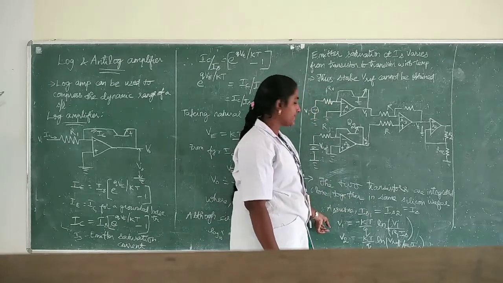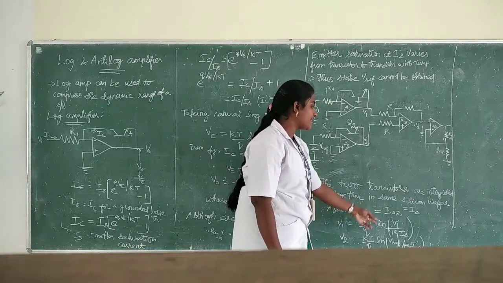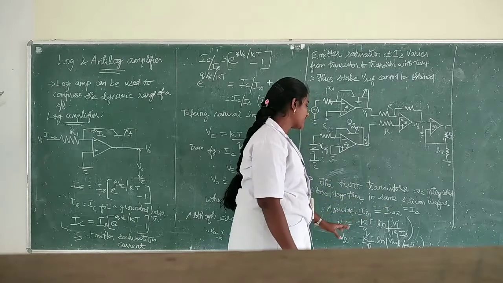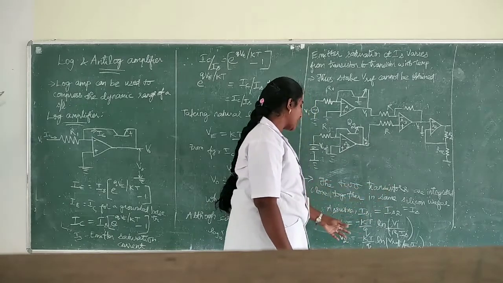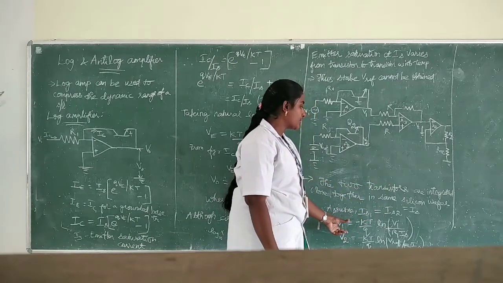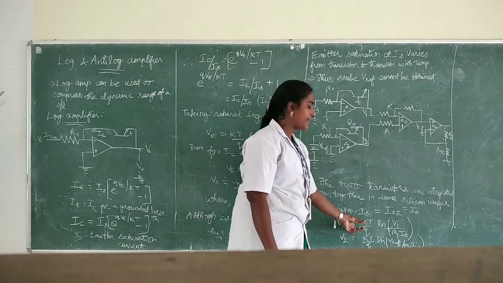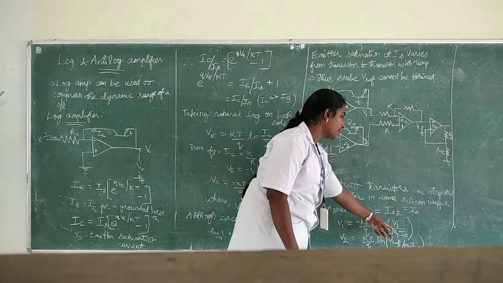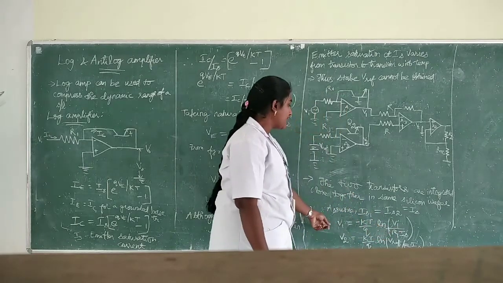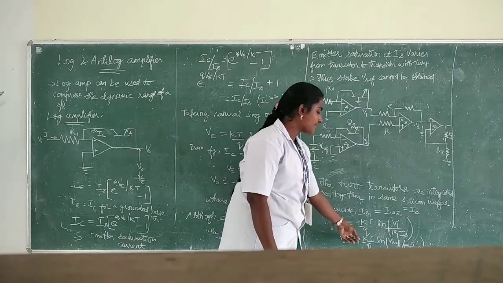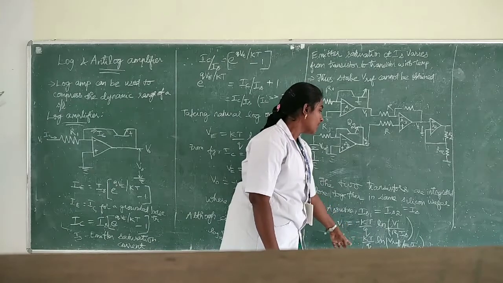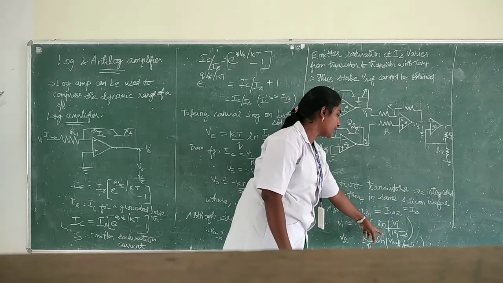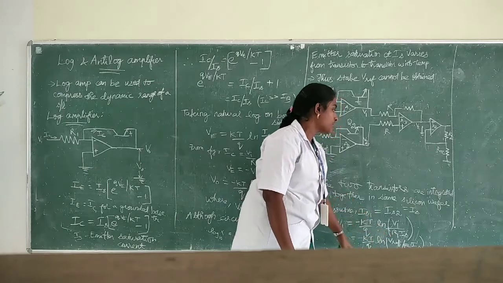Here we can assume that IS1 is equal to IS2 is equal to IS, and V1 is equal to minus KT divided by Q into ln Vi divided by R1 into IS. Similarly, V2 is equal to minus KT divided by Q into ln V reference divided by R1 into IS.